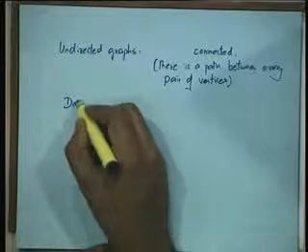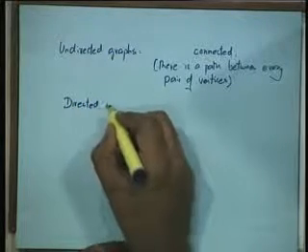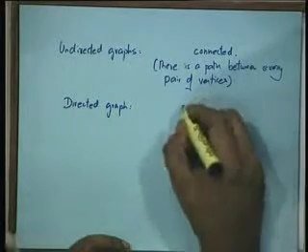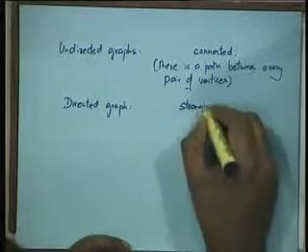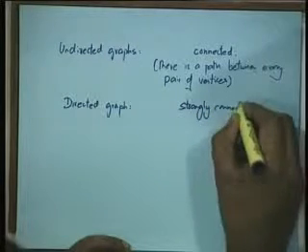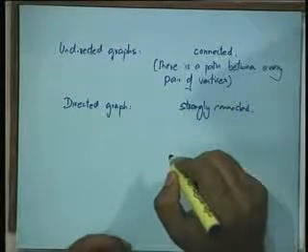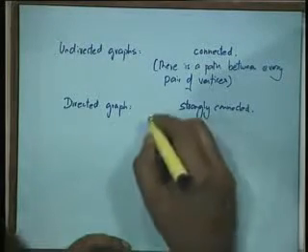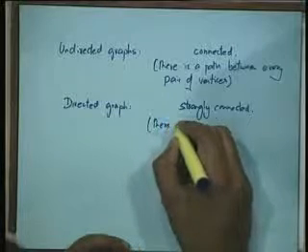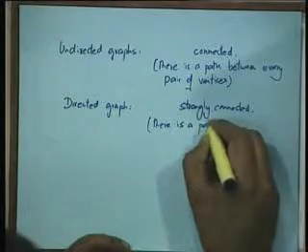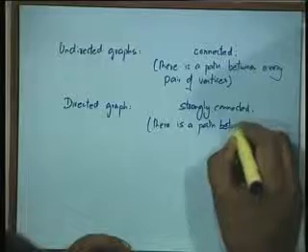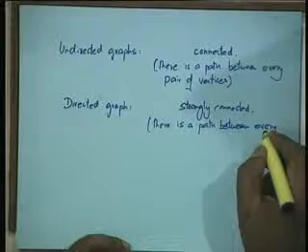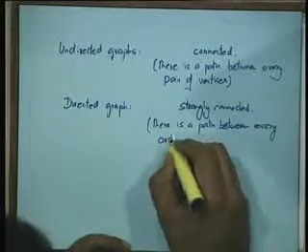Okay. In a directed graph, the corresponding term is what's called strongly connected. A directed graph is called strongly connected if there is a path between every ordered pair of vertices.